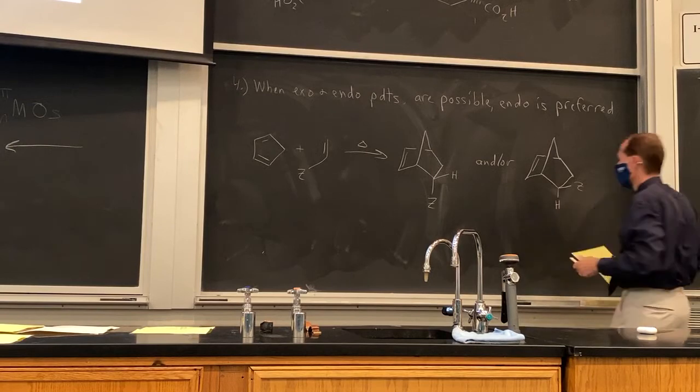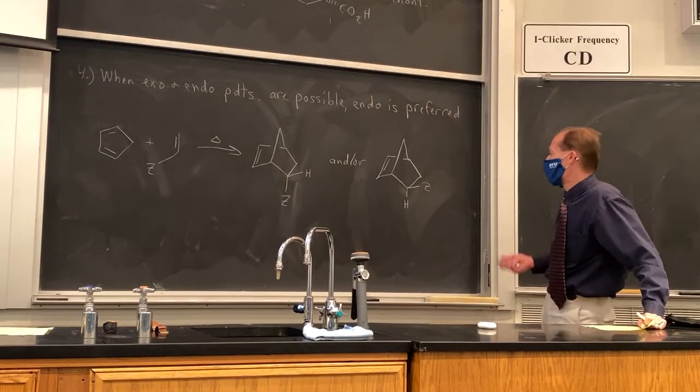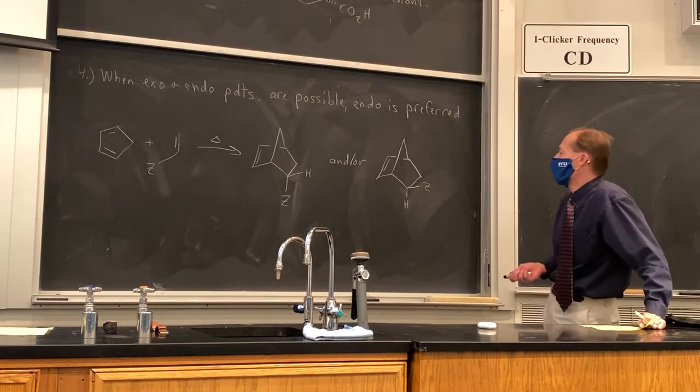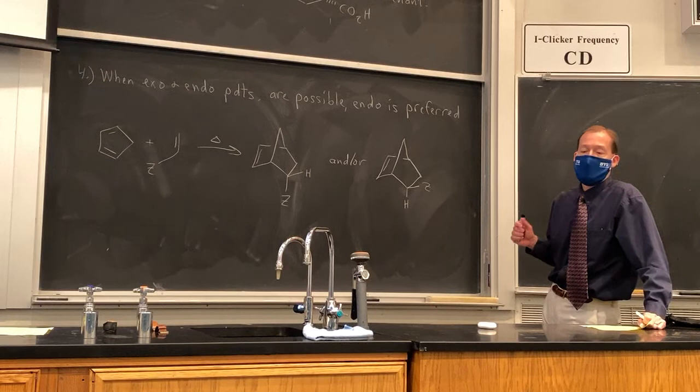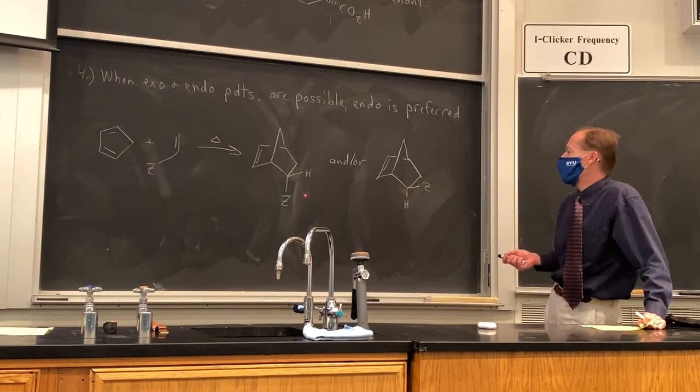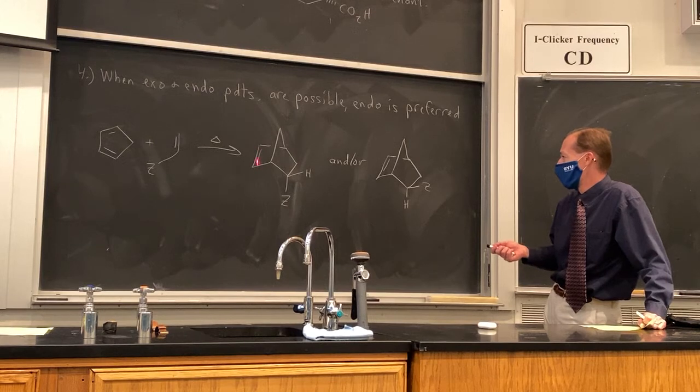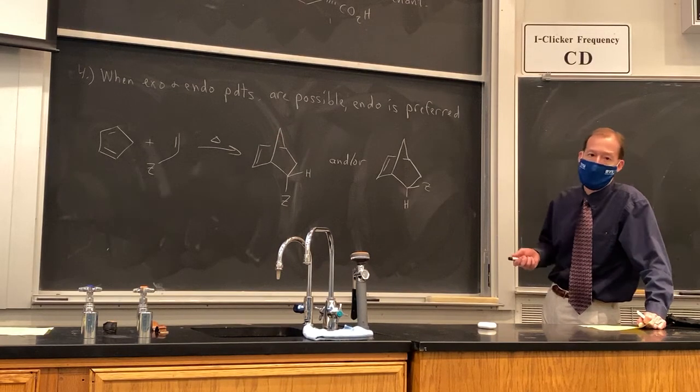Okay? And this is where the terms exo and endo come in. So when you have a bridged bicyclic molecule, if you have your substituent on the side of the larger bridge, so we would say this is a 2-carbon bridge and that's a 1-carbon bridge.